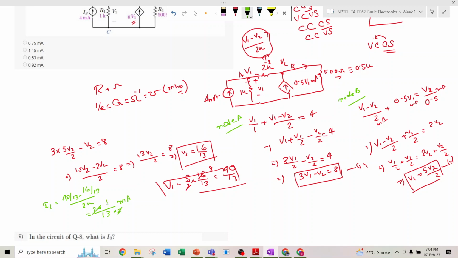The 2 cuts out to be 12. So it will come 12 by 13, so nearly 1, so 0.92 milliampere. So the correct answer will be 0.92 milliampere.